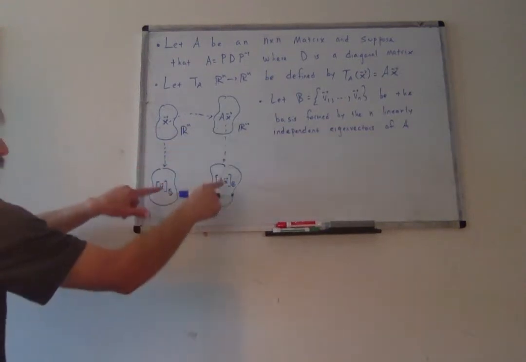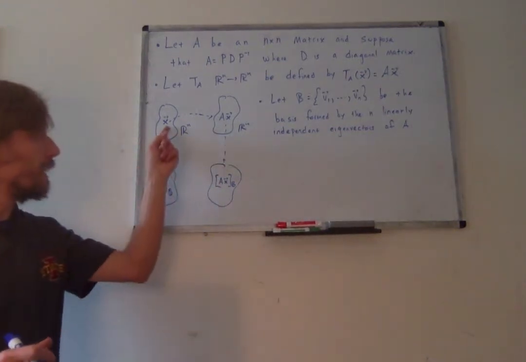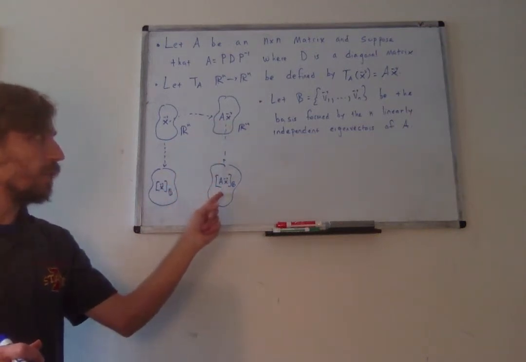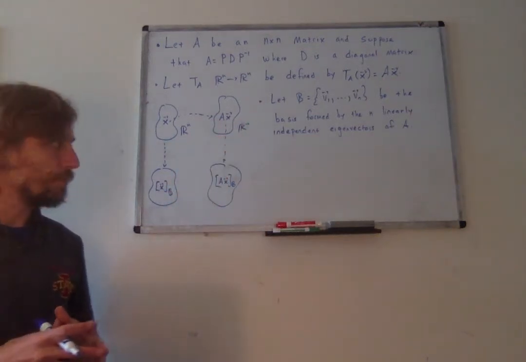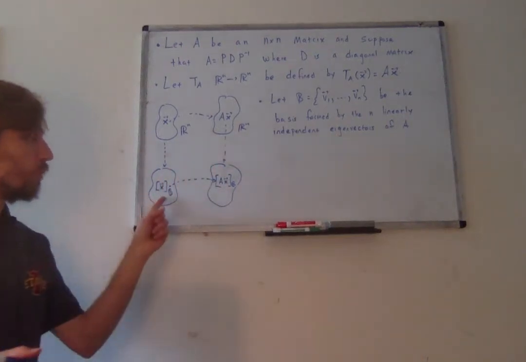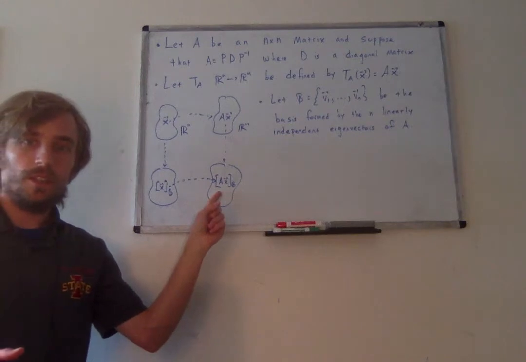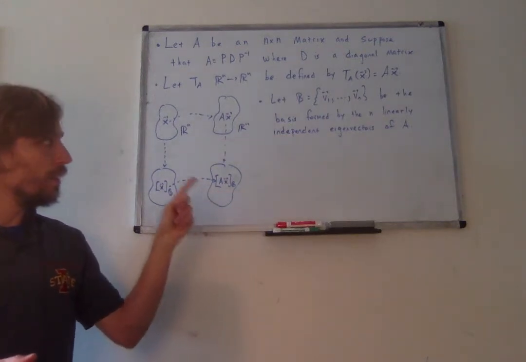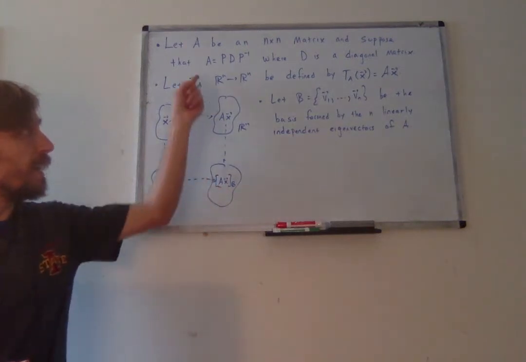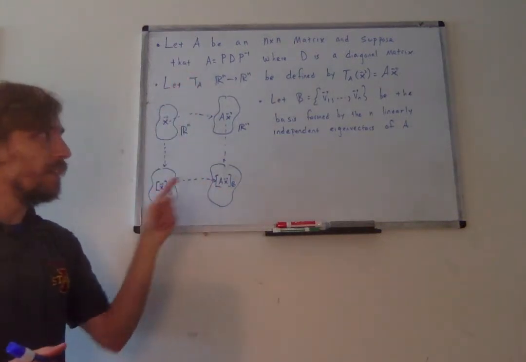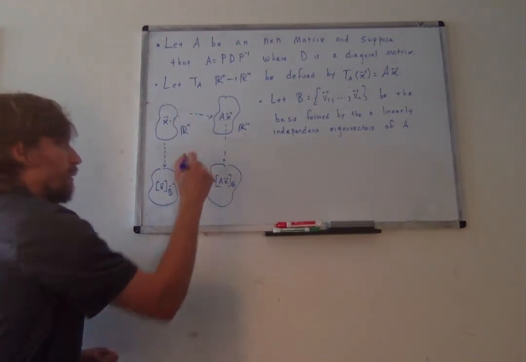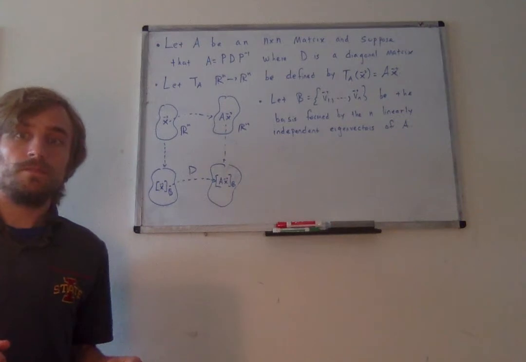So what I'm doing is creating the same map where I send x down to its coordinate vector under this basis B. And as we've been doing, what we want is a matrix which will send this vector to this vector. And as it turns out, if we're using this basis B and A is diagonalizable, the B matrix for this transformation T sub A is this diagonal matrix D.